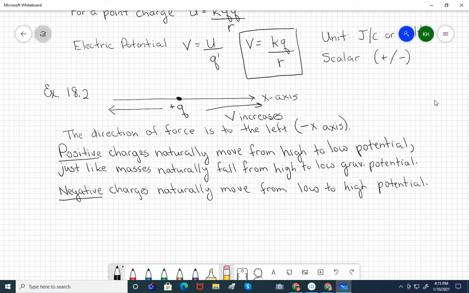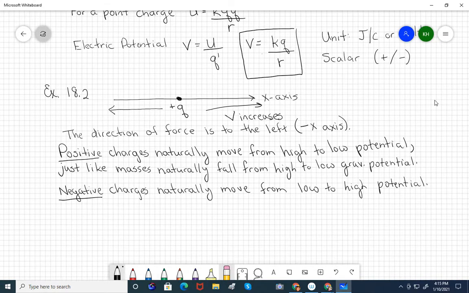We don't have that. But it just helps to remember that masses naturally move from high to low gravitational potential, and positive charges naturally move from high to low potential. But negative charges will do the opposite. Just like in electric fields, a positive charge moves in the direction of the electric field. It feels a force in that direction. A negative charge feels a force opposite the direction of the electric field.